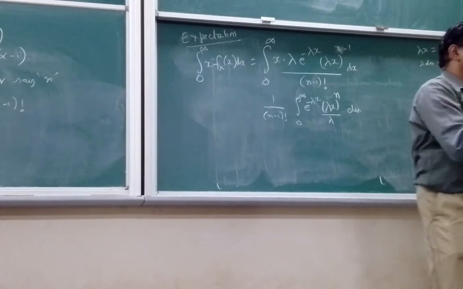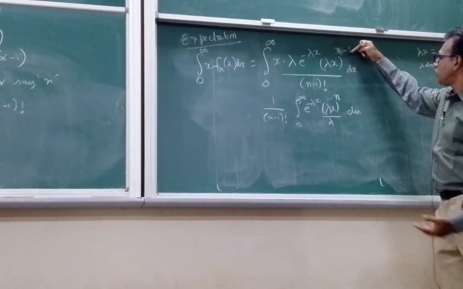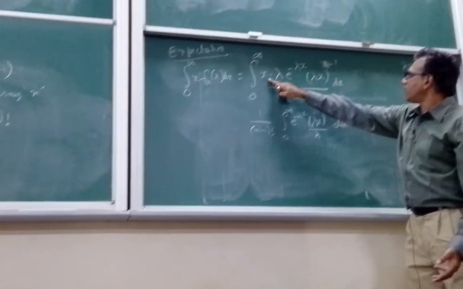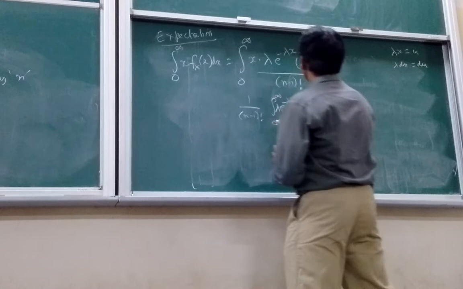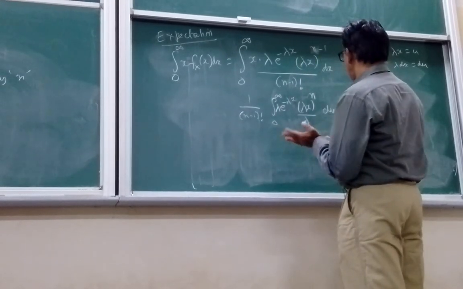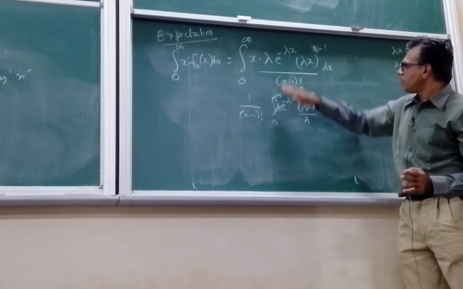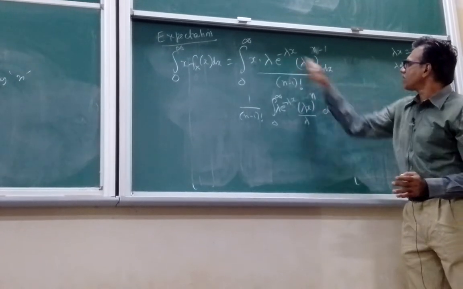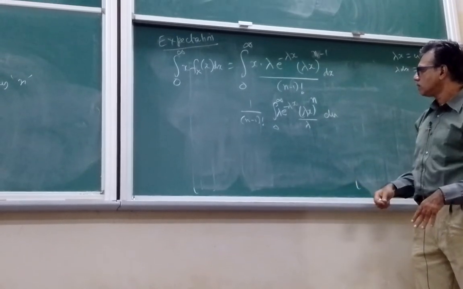Clear? So I want to raise it to n. One lambda I am keeping, because we need the structure. This lambda we will keep. This x and one more lambda we will put, compensated by this.